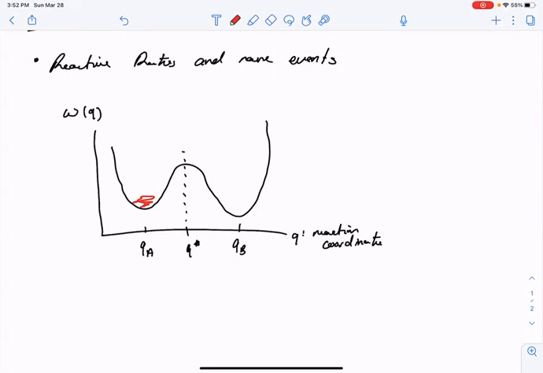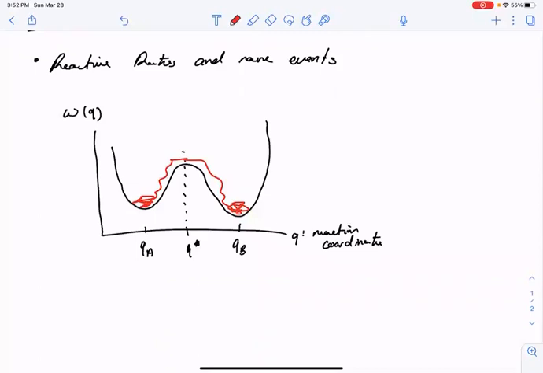But to get to basin B would require a rare fluctuation that localizes a large amount of energy into this specific mode and thus allows the system to traverse that barrier, to overcome the bottleneck that makes going from A to B rare, or occur on a characteristically long time.